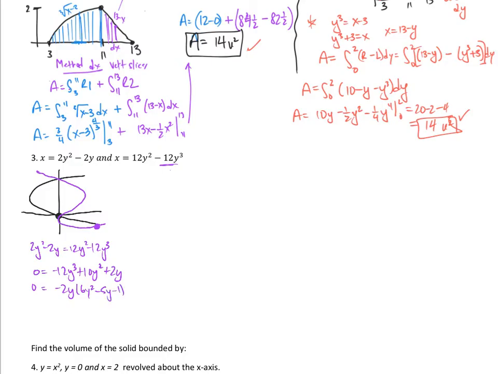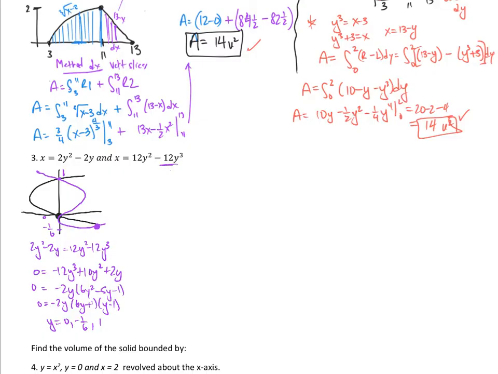Again, I'm looking for those points of intersection. So I have 0 equals negative 2y, and then 6y plus 1, y minus 1. So you get y equals 0, negative 1/6, and 1. So this down here is negative 1/6, that's 0, and that's at 1. Those are the y values.